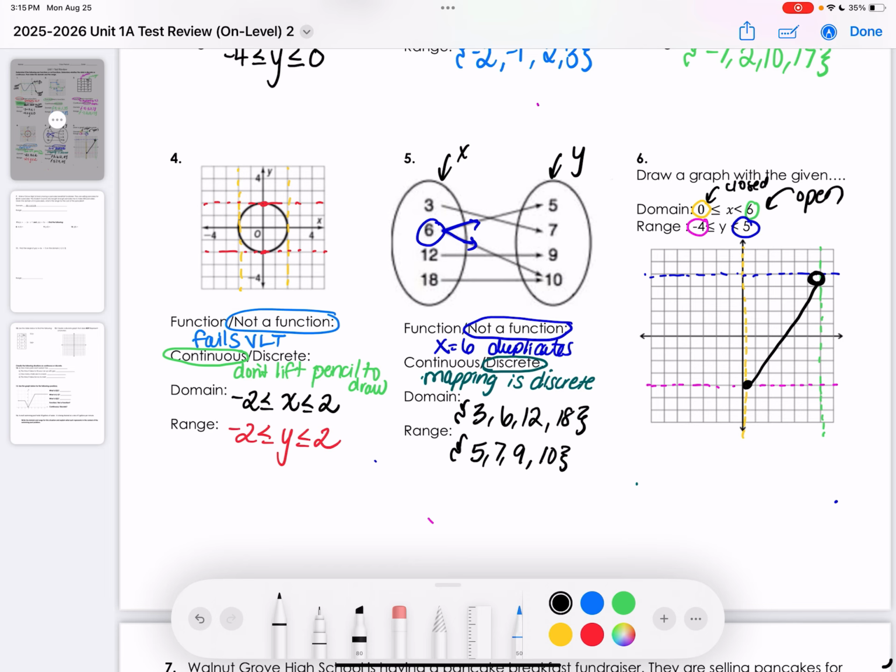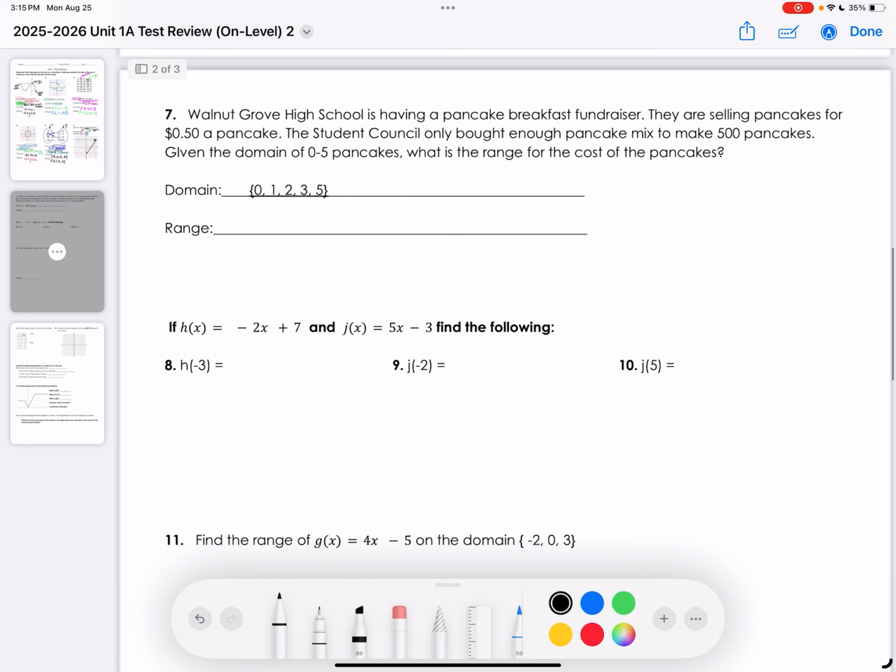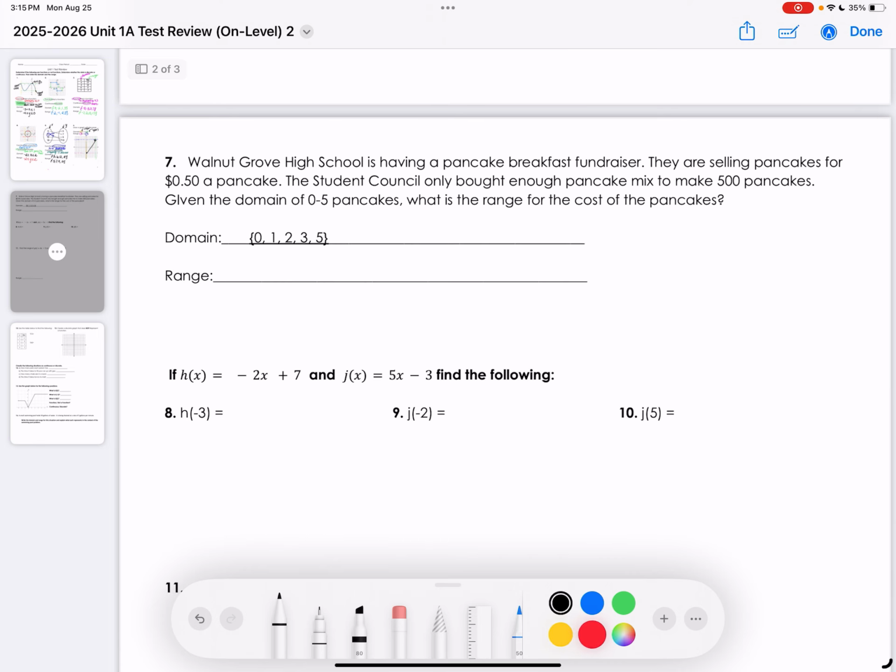All right, continuing forward. So for this one, there should be a 4 right here, but that's okay. And so what it wants to know is if you have 1 pancake, that costs 50 cents. So if you had 0 pancakes, that would cost $0.